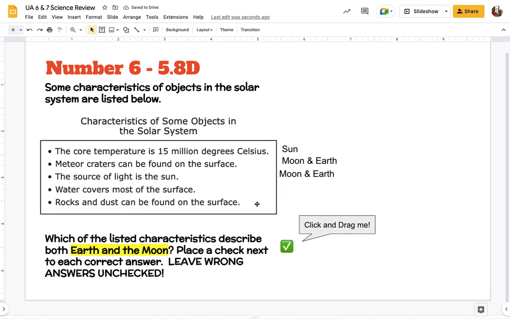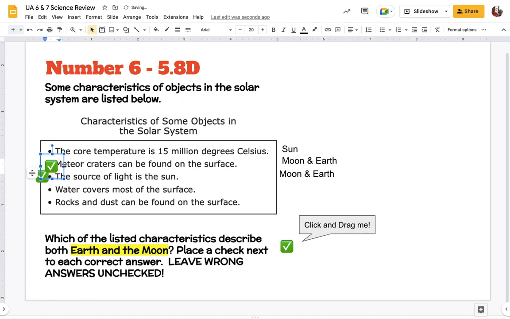Okay, so far I've got 2, so I'll go ahead and start moving my checks because that's what I'm looking for, moon and Earth. So there's one there. Drag this over here, put that one there too. Yep, dragging and dropping, guys. It's fun.